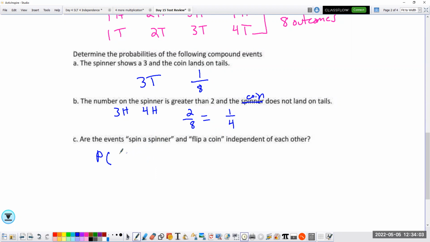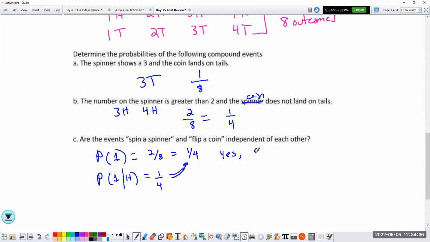So I'm going to go with spinning a 1 and spinning a 1, given that you have flipped heads. So when I look at my sample space, there are 2 ways to spin a 1 out of 8, so 1/4. And if I only look at the heads, that's that top row, there are 4 outcomes, and one of them is heads. So obviously, they are the same.